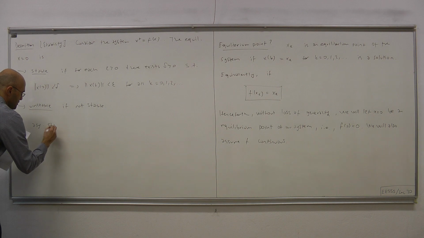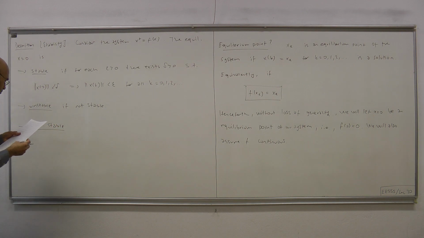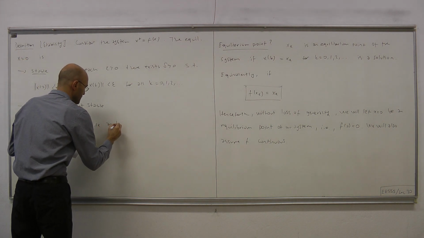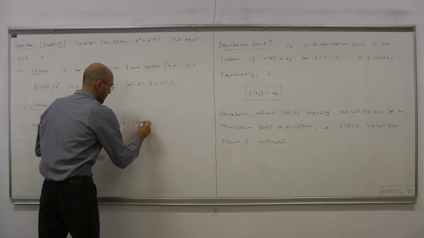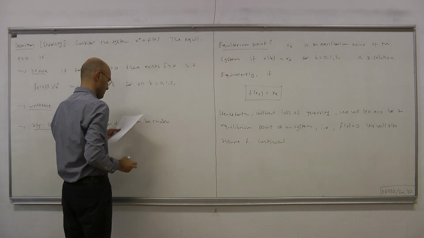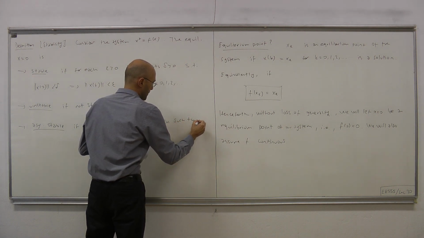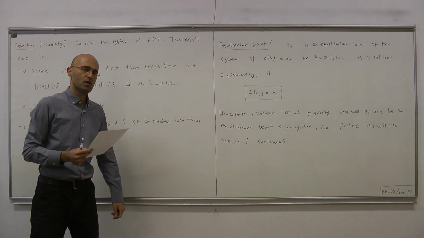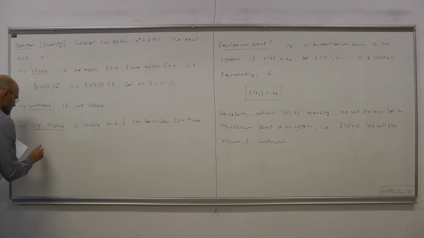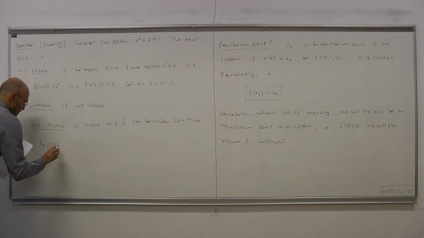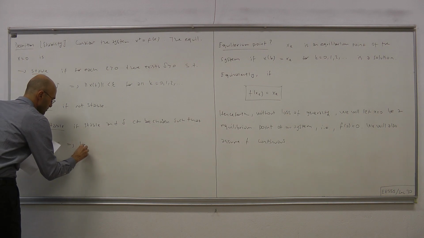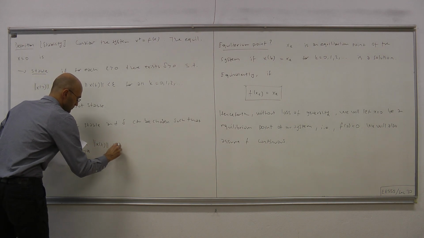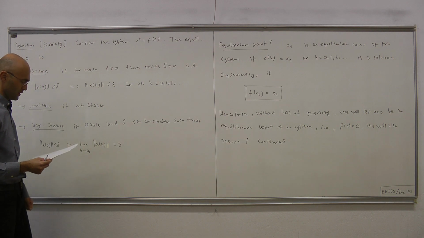Okay, asymptotically stable if stable, and furthermore, delta can be chosen such that not only you remain close to the origin, but also eventually you converge to the equilibrium point, such that x0 in delta ball implies in the limit you converge to the equilibrium point, to 0.